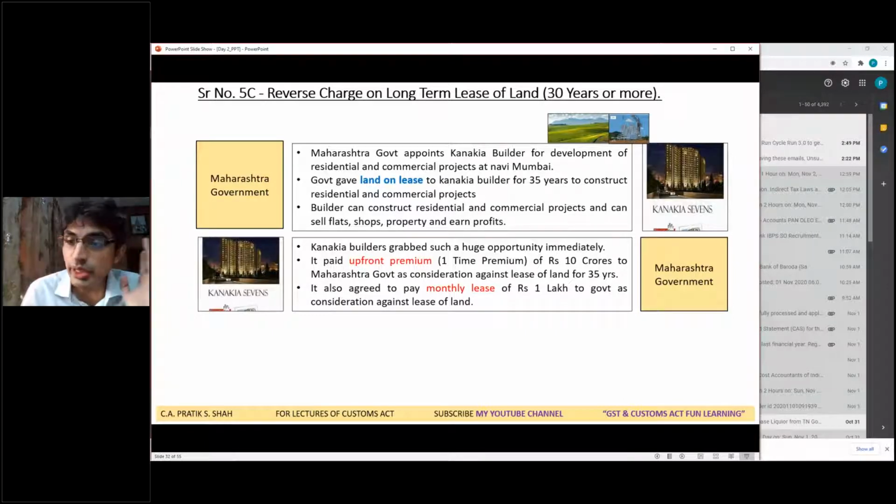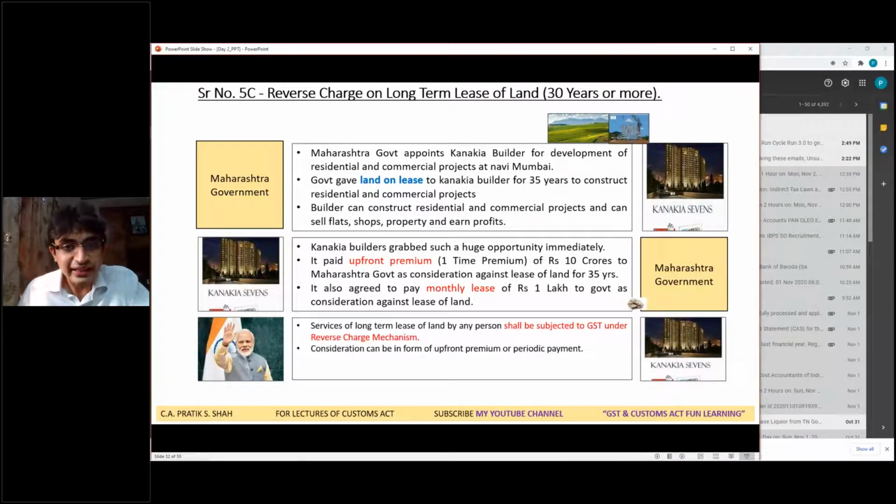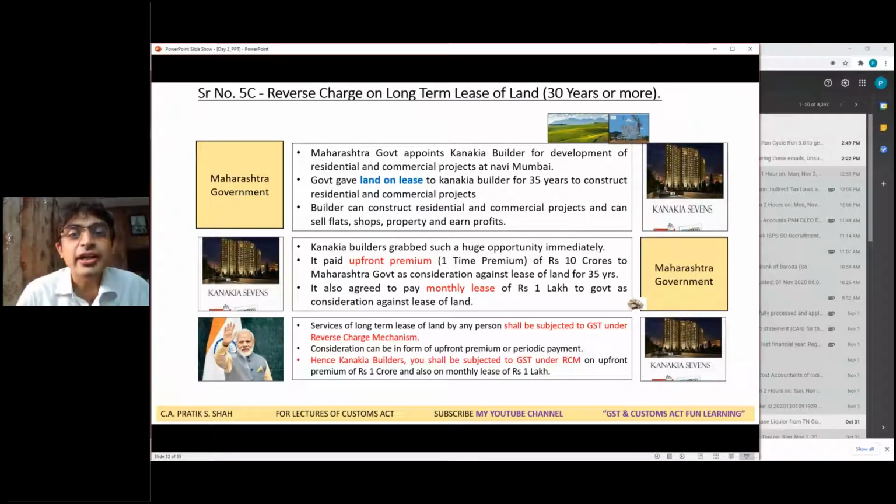So who is the supplier in this case? Maharashtra government. What supply am I giving to you? Lease of land. Who is the recipient? Kanakya builder. Who shall pay GST? Whatever amount Kanakya builder is paying to the government, on that Kanakya builder shall pay GST under reverse charge mechanism.